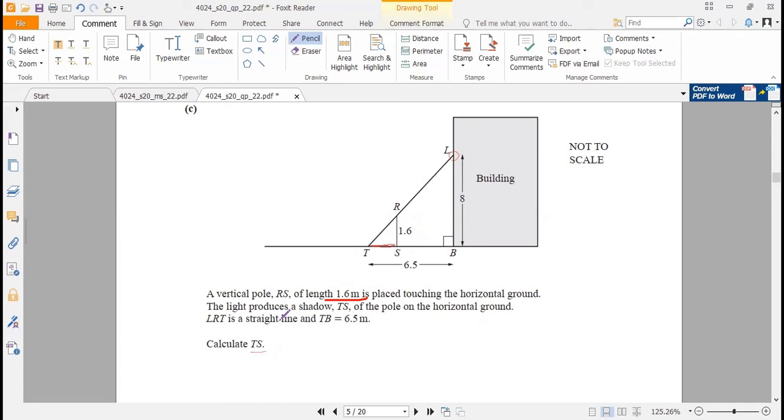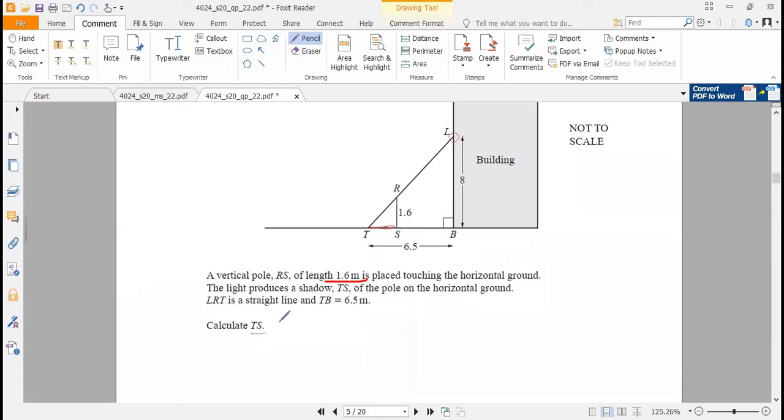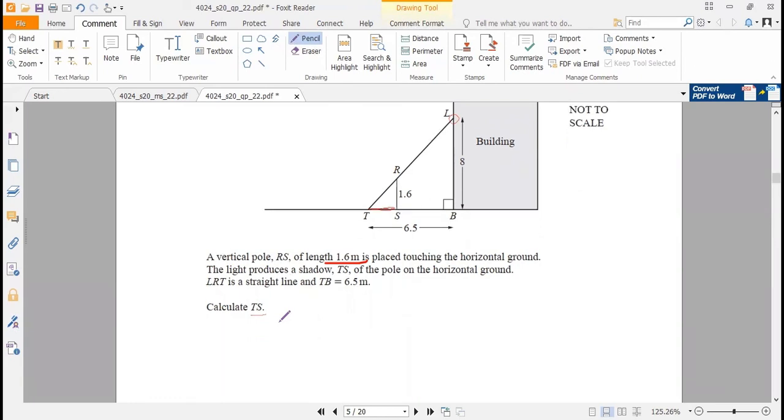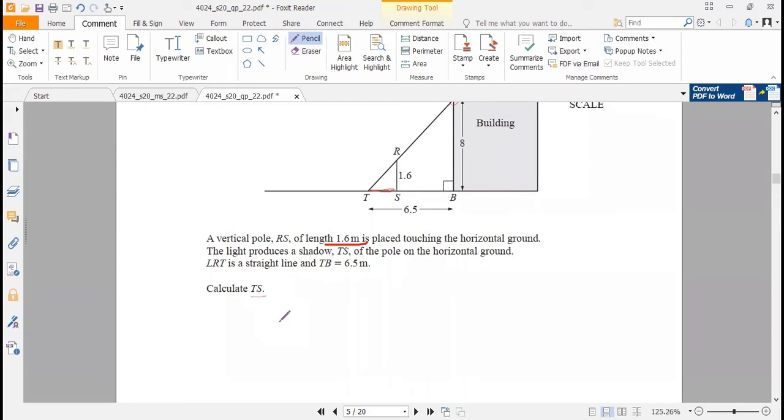To find TS in this question, we can solve it in two ways. The first way is the similarity method, and the second is the SOHCAHTOA method. I am going to solve by the similarity method, the easier one, but I will explain the SOHCAHTOA method as well.